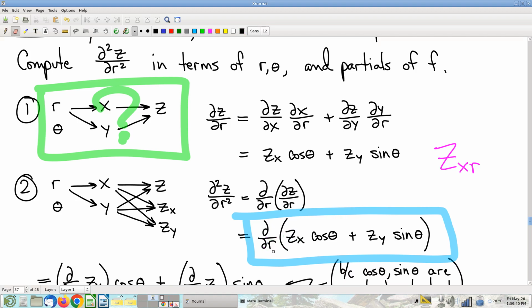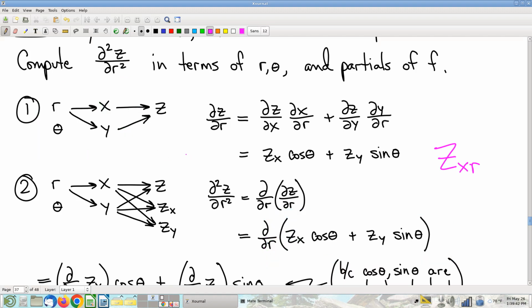But the thing is, this notation here where you list subscripts, right? These variables that you're taking partials with respect to have to be part of the inputs to the same function. So this would suggest that z is a function of a list of independent variables that includes both x and r.